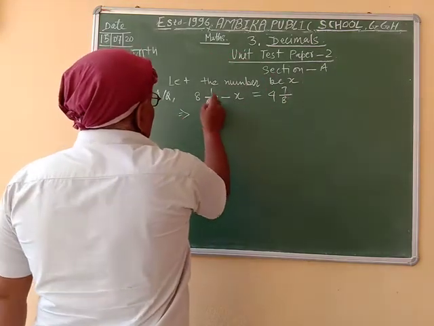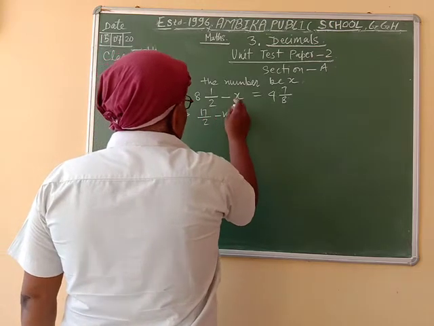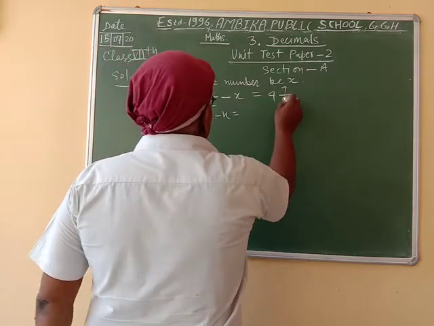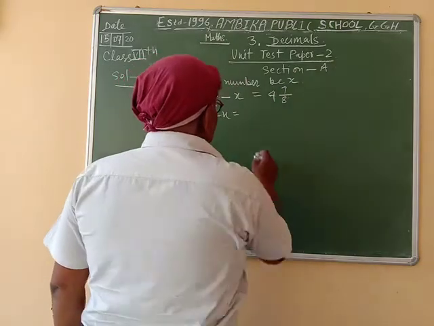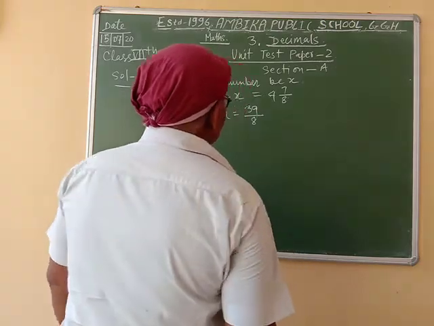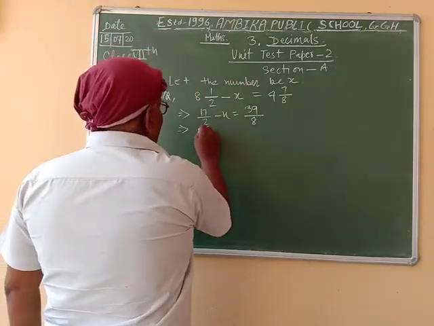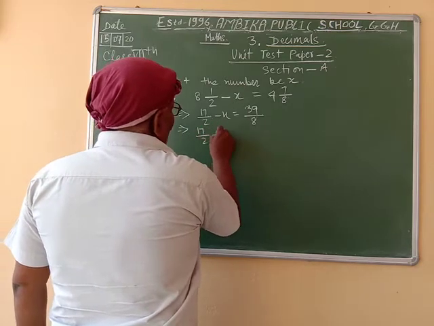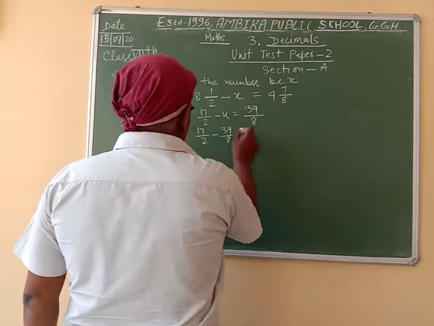So 17 by 2 minus x is equal to 39 by 8. Therefore, 17 by 2 minus 39 by 8 is equal to x.